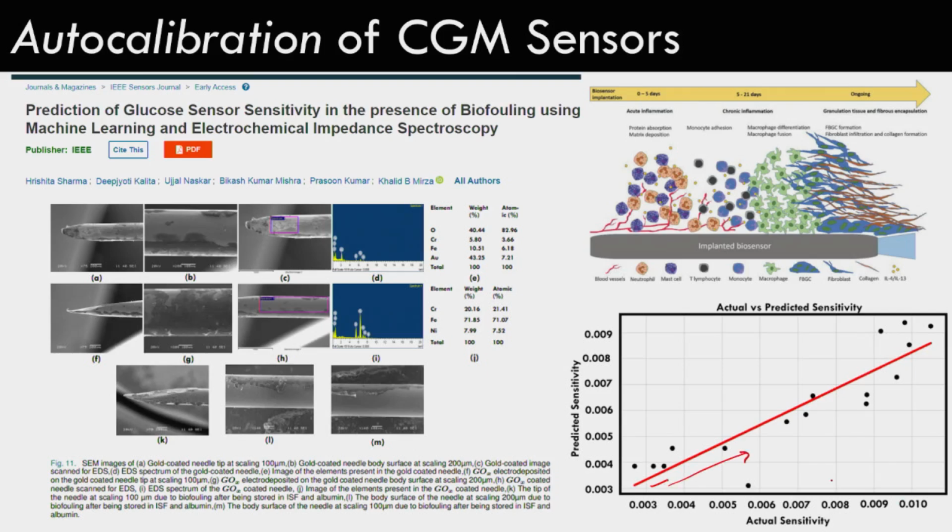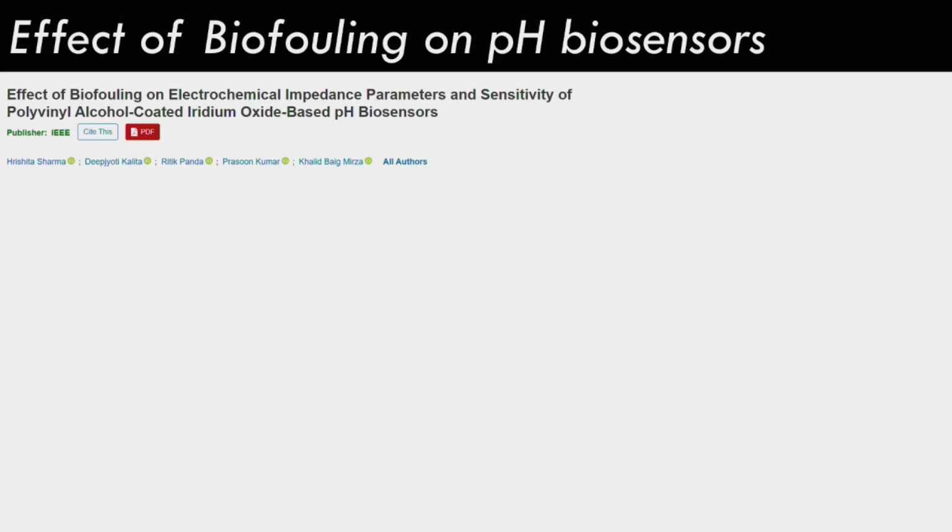You can say that at day 10 or day 11, what would be the sensitivity based on the EIS measurement of the sensor. This is a very early proof of concept study that demonstrated that yes, there is possibility. Of course, you can expand it by going more in depth, try to do in vivo results and all these things, which we are trying.